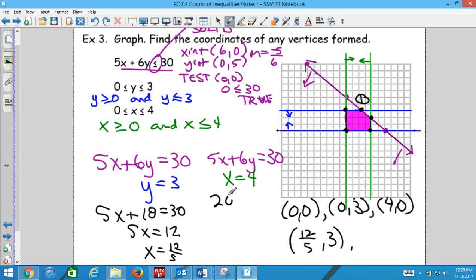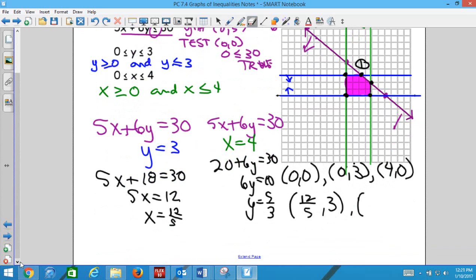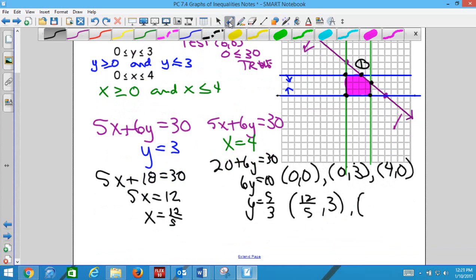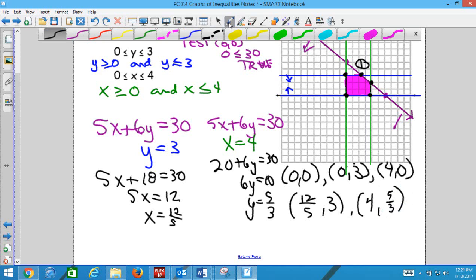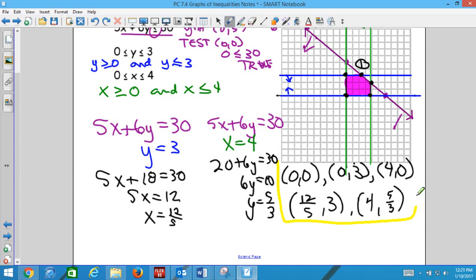So we'll do 20 plus 6y is 30. 6y is 10, so y is 5 thirds. So we have x is 4 and y is 5 thirds. Just highlight these answers so you can find them.